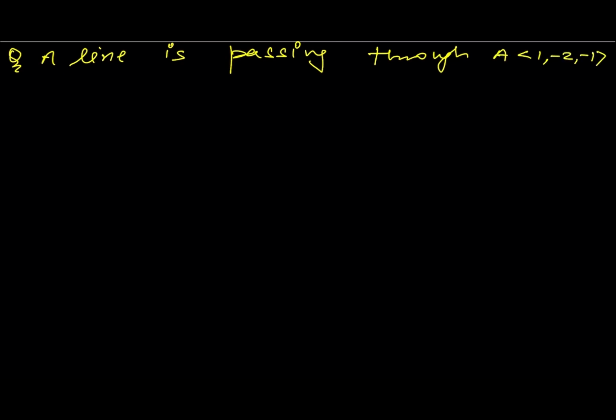Question is: a line is passing through A having position vector (1, -2, -1) and parallel to vector B (1, -2, 2).